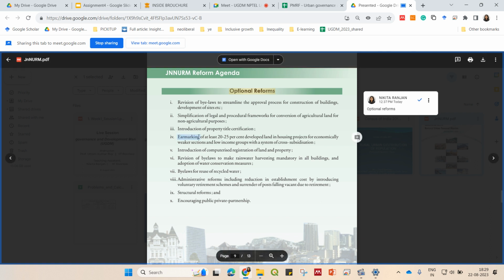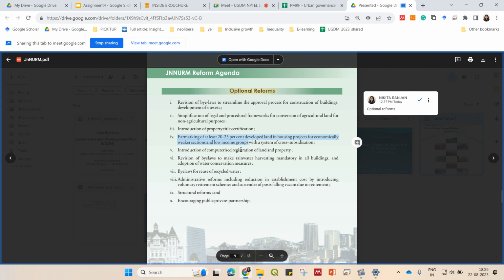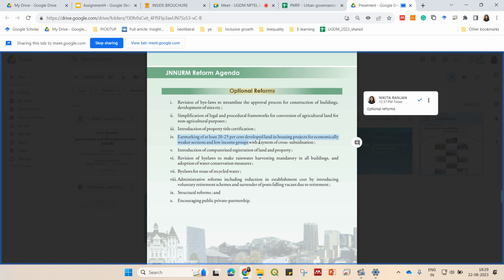Like you saw earlier that there was a reform asking for earmarking a particular percentage of land for development needs of the urban poor. You can see here in this case, it asks to earmark at least 20 to 25% of developed land in housing projects for economically weaker sections and low income groups with the system of cross subsidization.